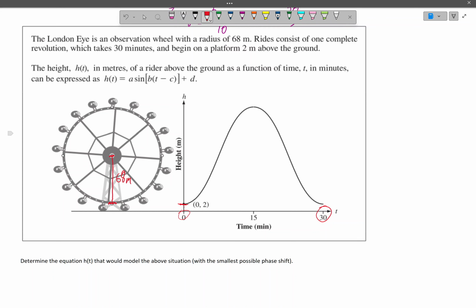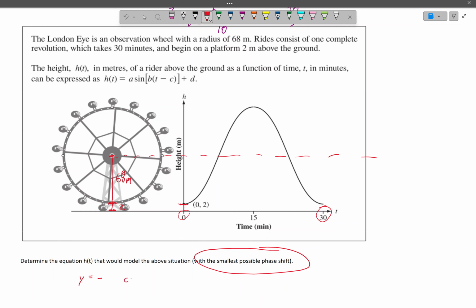Okay, and then we need to create an equation. Now, if that's 68, the midline is not 68, it's 68 plus the 2 that was here. So the midline is actually going to be 70. And I'm going to try to get the smallest possible phase shift.